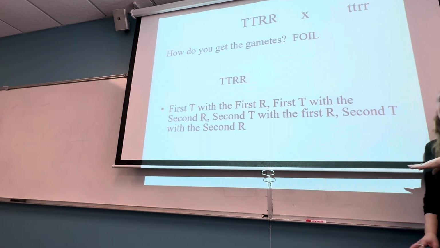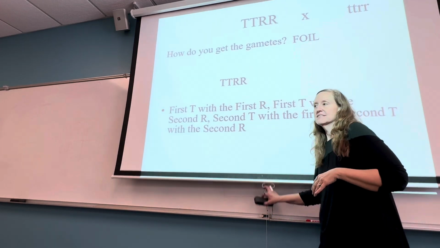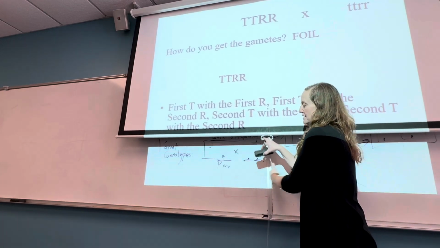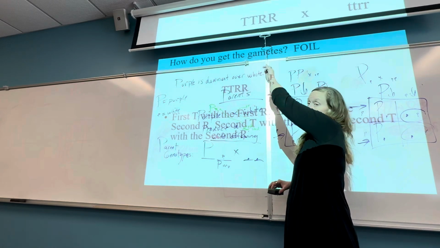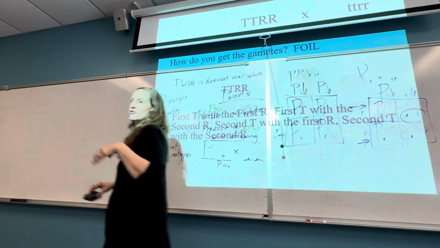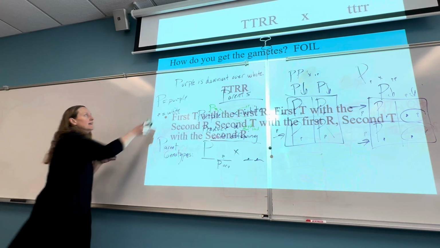Okay, so how do we get our gametes now? This just makes it a little bit more complicated to get the gametes. You know that term FOIL in math, first, outer, inner, last? We're going to use that.